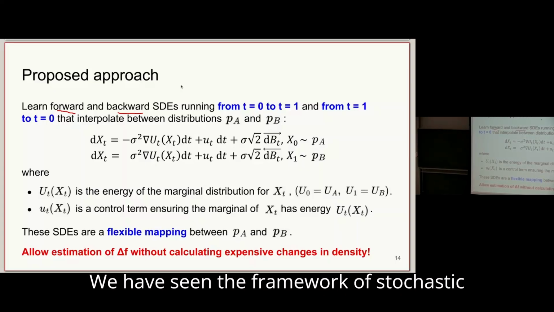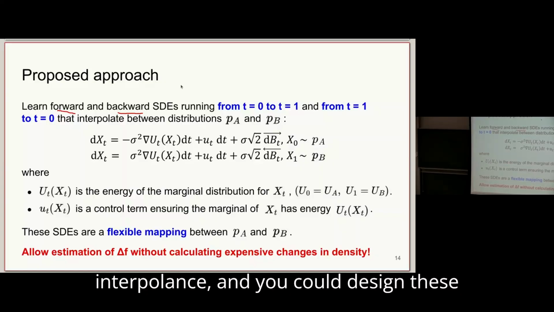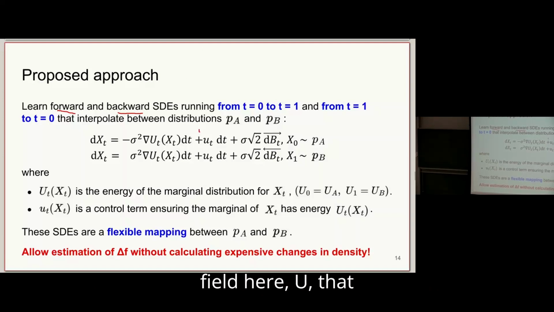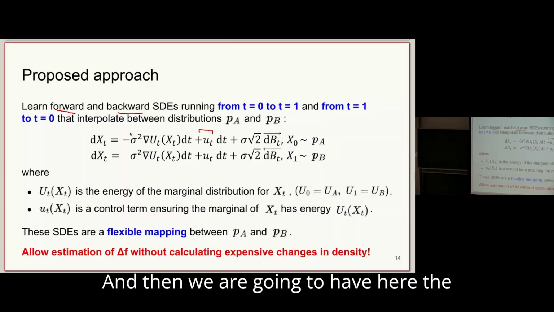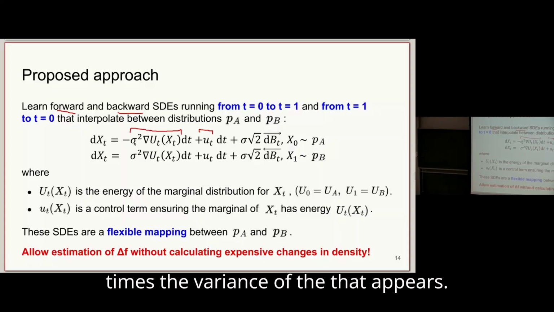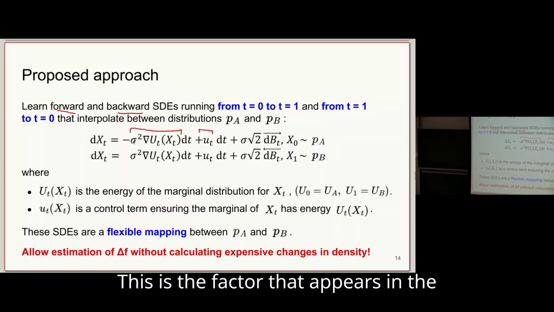We have seen the framework of stochastic interpolants, and you could design these SDEs. You are going to have now a vector field here, U, and then we are going to have here the score times the variance of that appears. This is the factor that appears in the Brownian motion in the SDE.